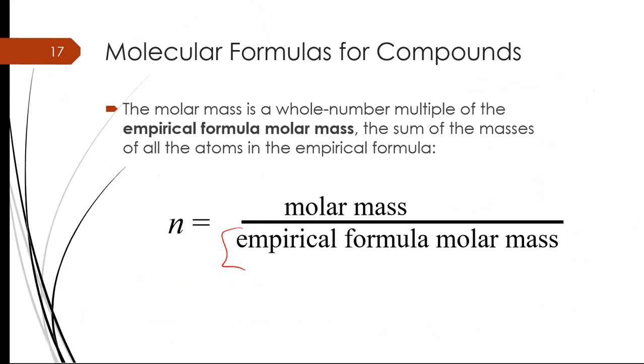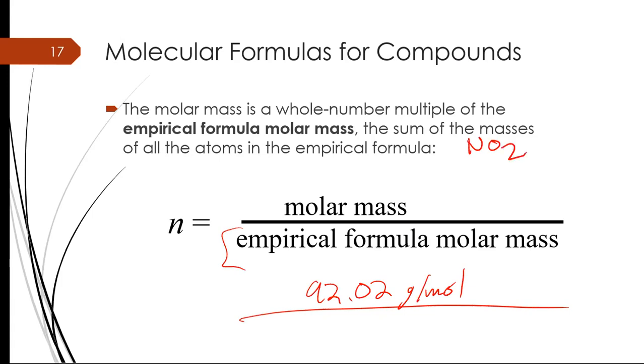So let's say that we have N2O4 as our compound, but we don't know that yet. We could find its molar mass. We might know that our molar mass is 92.02 grams per mole, and the empirical formula is going to be NO2, 1 nitrogen and 2 oxygens.